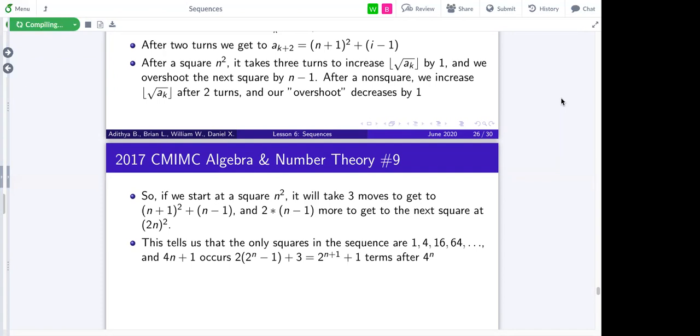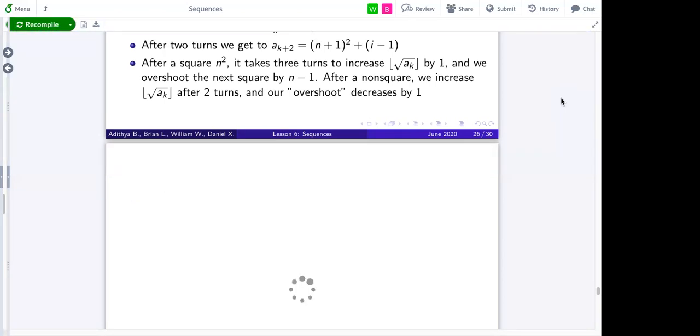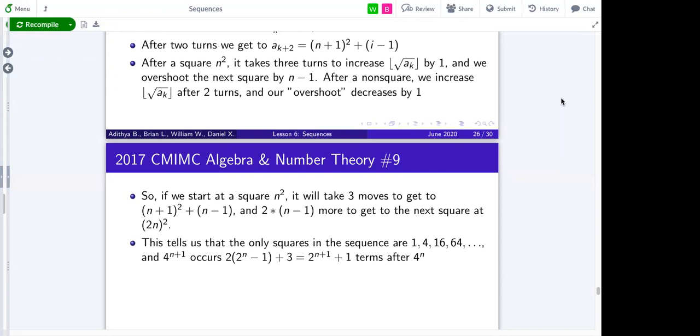Re-explain which part? Sorry. Okay, so for the first bullet point, we're gonna start at a square n squared, and then we want to consider when we'll reach the next square. So it's gonna take 3 moves to get to (n+1) squared plus n minus 1. And now we want to get to another square, which means that we want to decrease the part we're adding to 0, because then we'll have a square plus 0, which is a square.